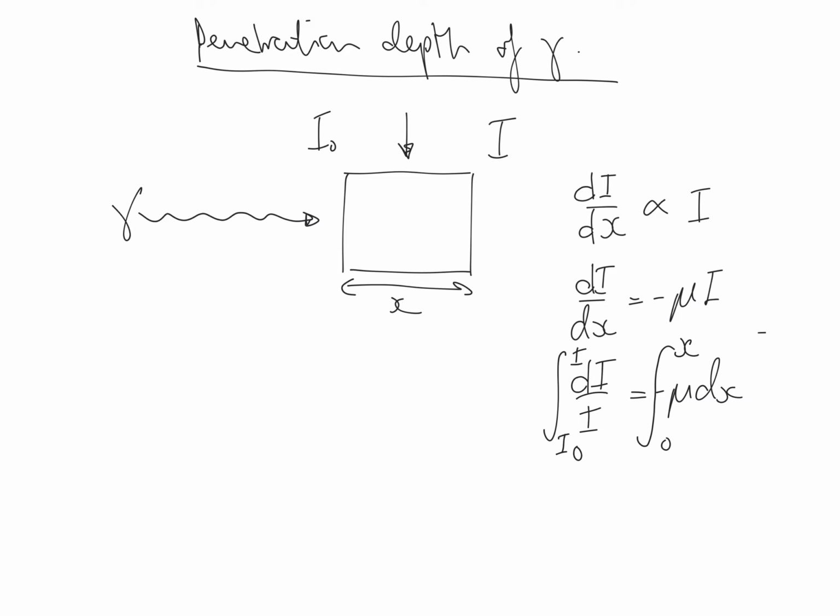I won't bore you with the maths. However, it comes out with something like I is I naught e to the minus mu x. So this is the end product of that differential.